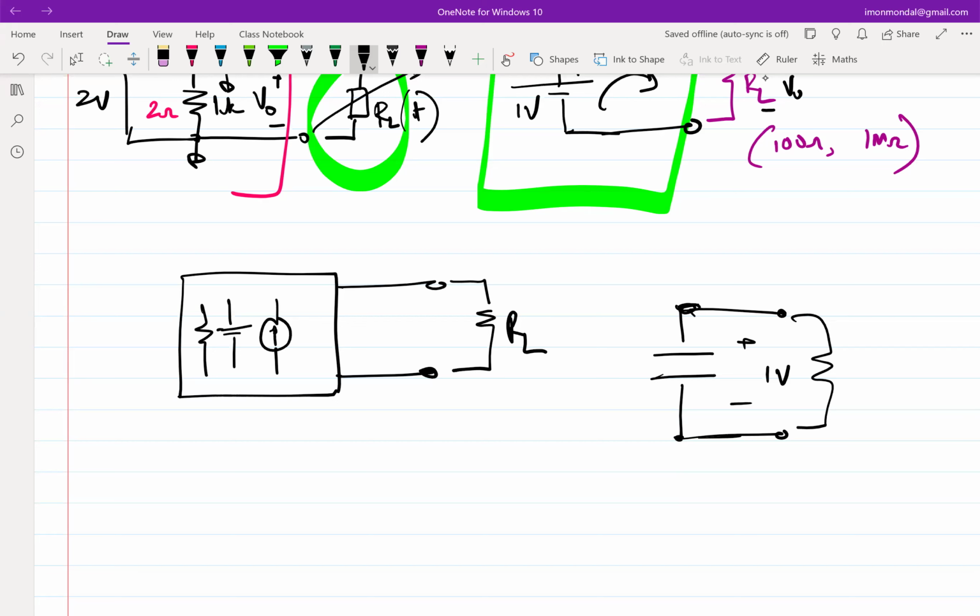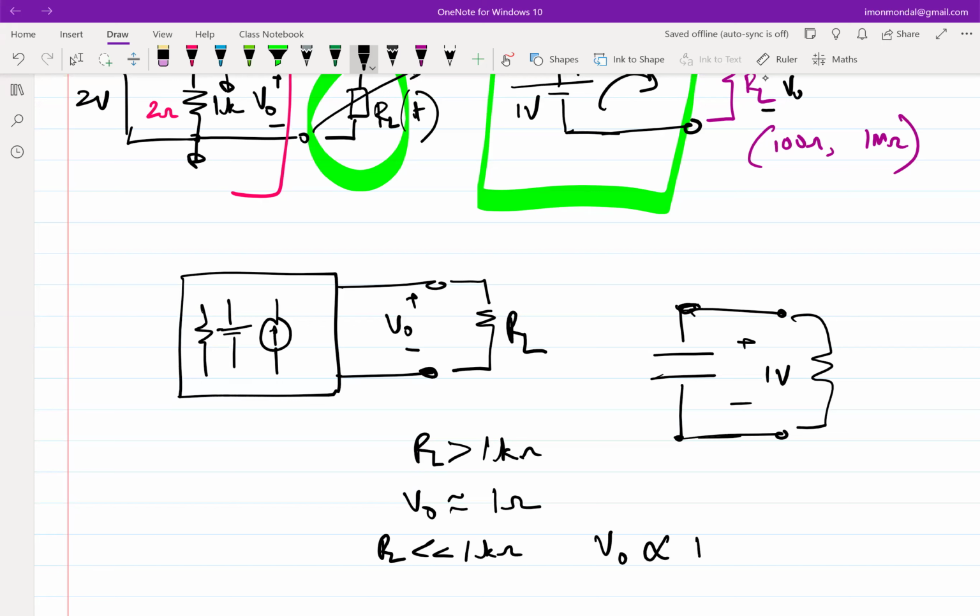So let's say for RL greater than 1 kilo ohm, V0 is approximately 1 volt. And for RL much less than 1 kilo ohm, V0 is, let's say, proportional to RL. This is an observation, right?